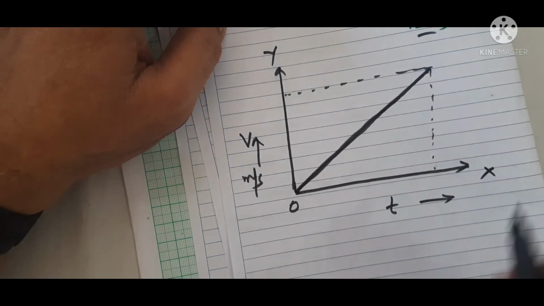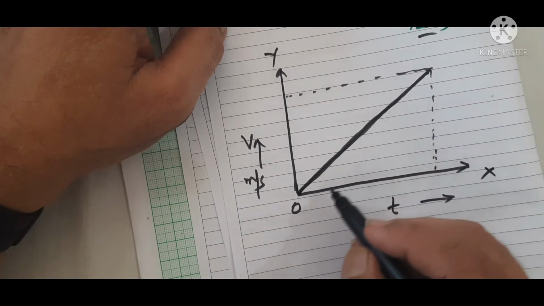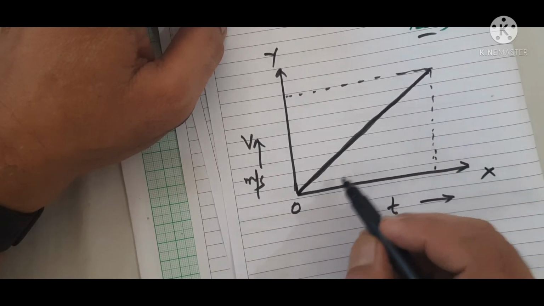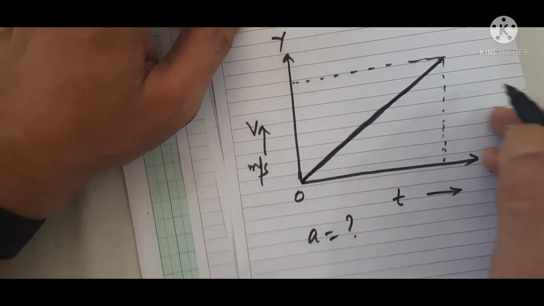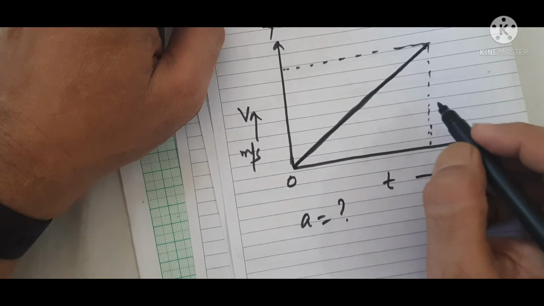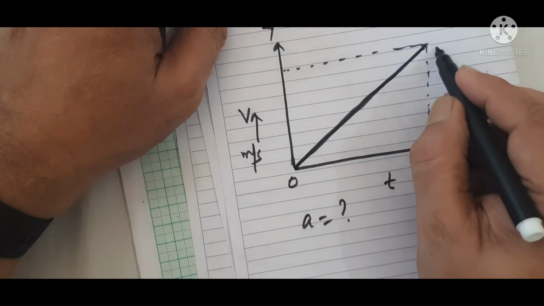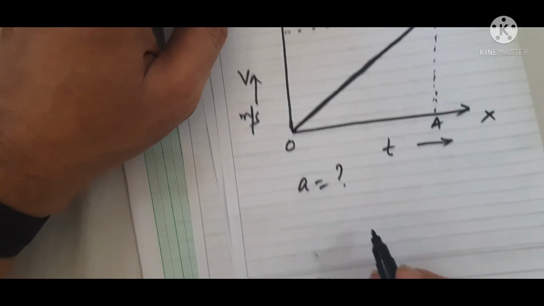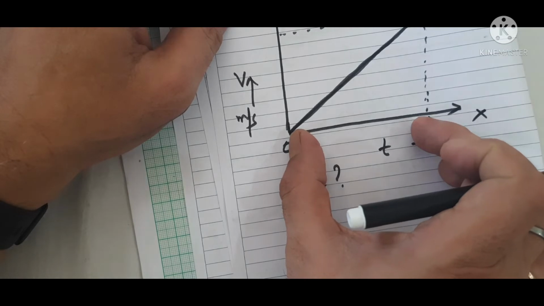Now the point is, how will you find out the acceleration? The object is moving with uniform acceleration. How will you find the acceleration? The only thing is to find out the slope of the graph, or you can mark it O, A, B. The logic: change in velocity by time taken to change.